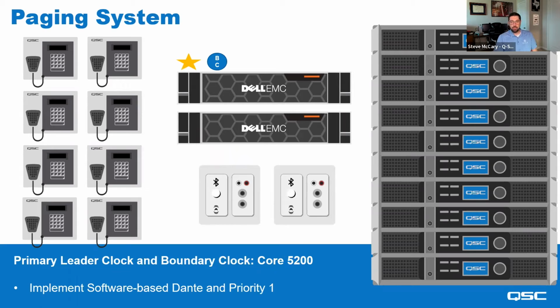But as we discussed earlier, we will go ahead and implement software-based Dante, and we will also change our priority 1 setting to less than or equal to 127. That's why we always just show it at 100, because we just like to throw it down at 100. Nice, round, easy, fun number. And in this scenario, now our 5200 becomes our clock leader and our boundary clock the way we want it.